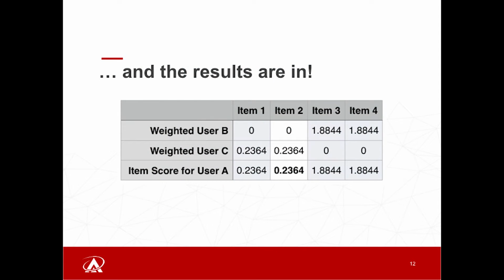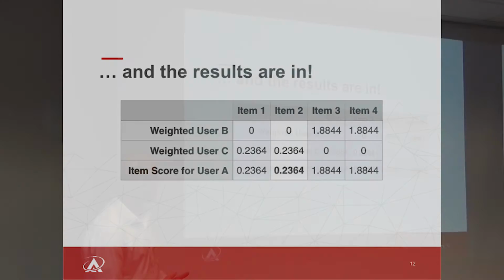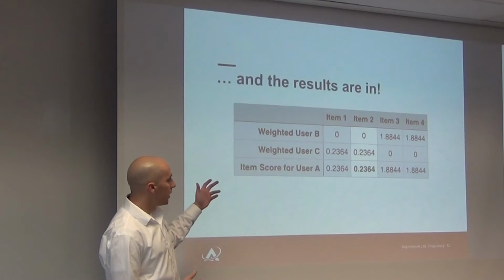what we do is we take those numbers, we take the similarity of you to everyone else, and when we actually implement this, we build in some thresholds. So if you are really not similar, 5% or so, it might not actually incorporate that into the accumulation here. But for this example, it's pretty simple.